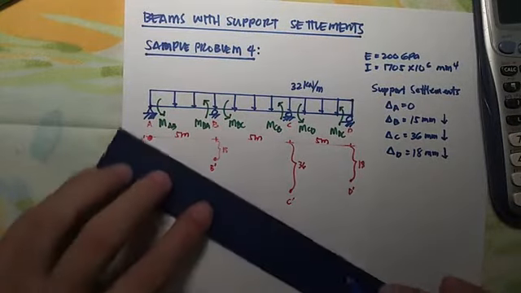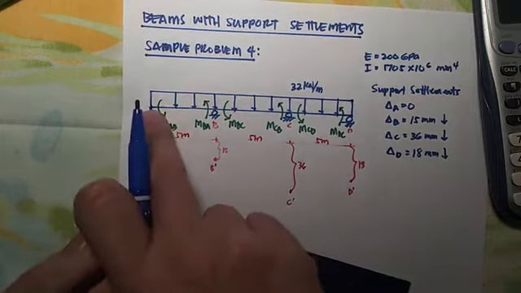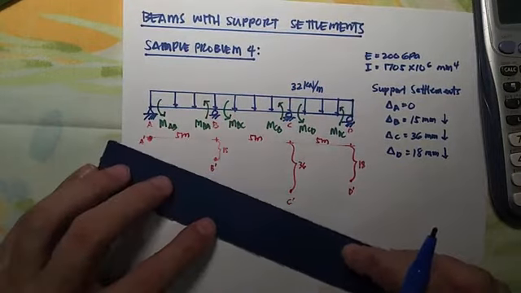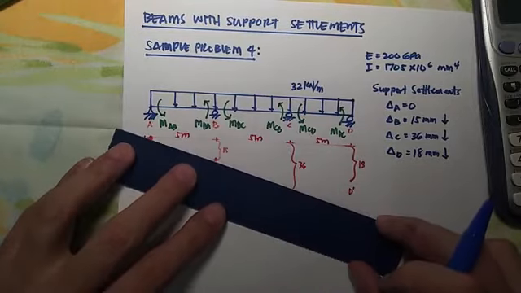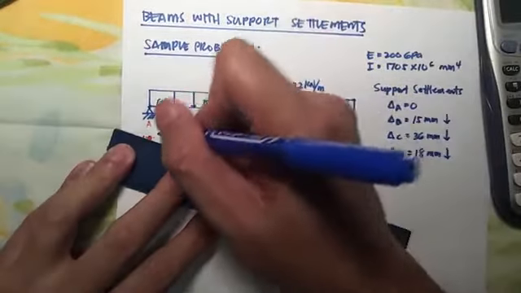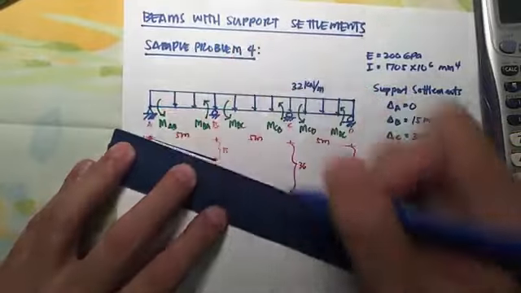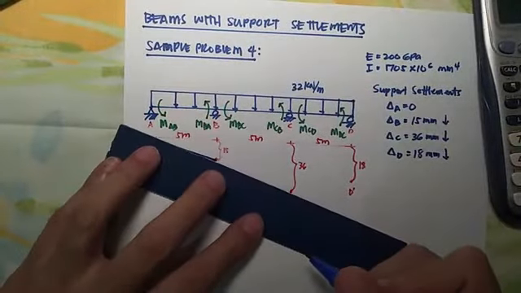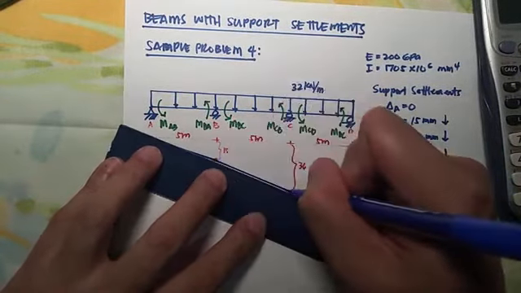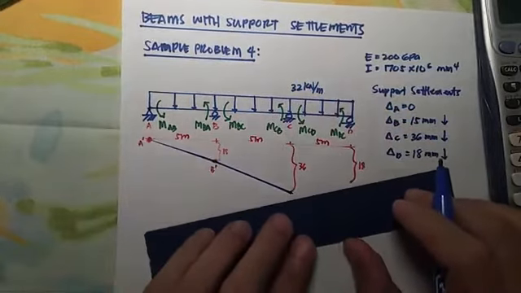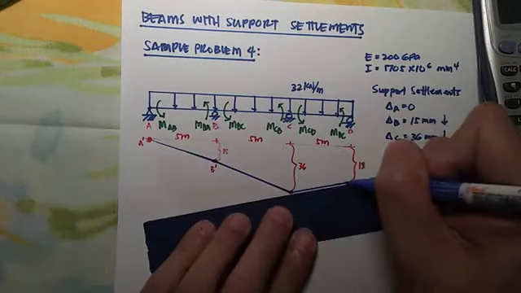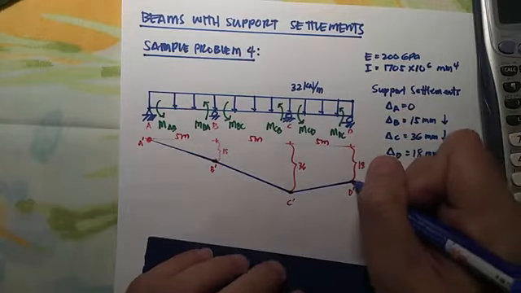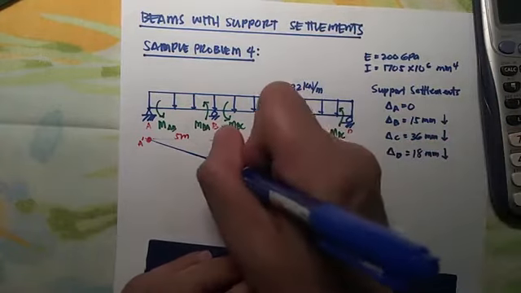Okay? So initially, the beam is horizontal, but before considering the settlement of supports, in-exaggerate ko lang, this would be the position of the beam after yielding of supports. Okay, so this would be the exaggerated position of the points on the beam.